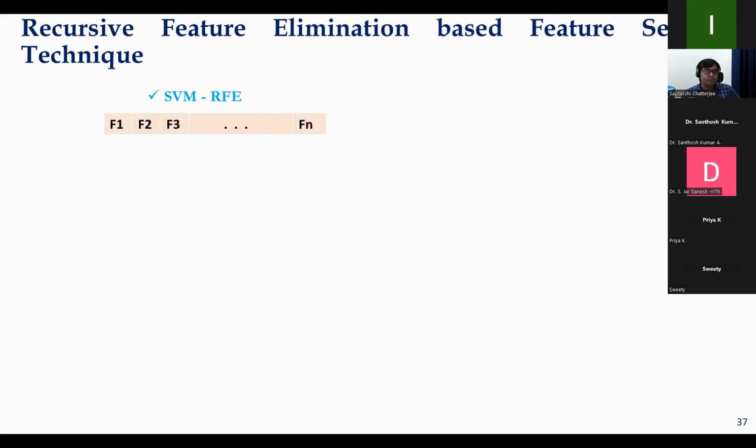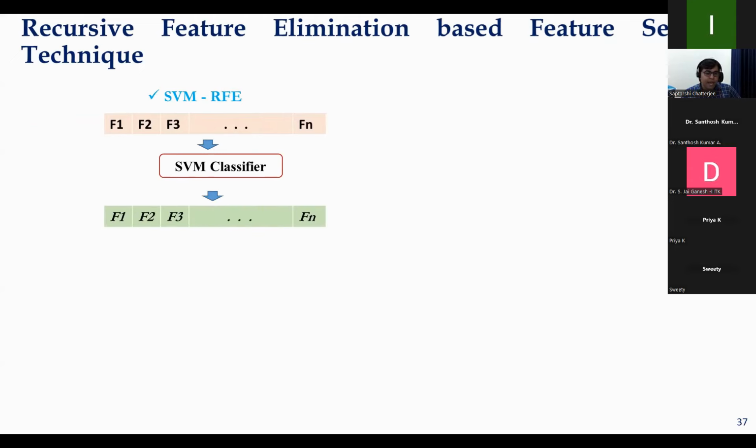So we have extracted n number of features from each image, and then it is given to the SVM classifier, and depending on the weight values, the features F1 to Fn have been assigned values.